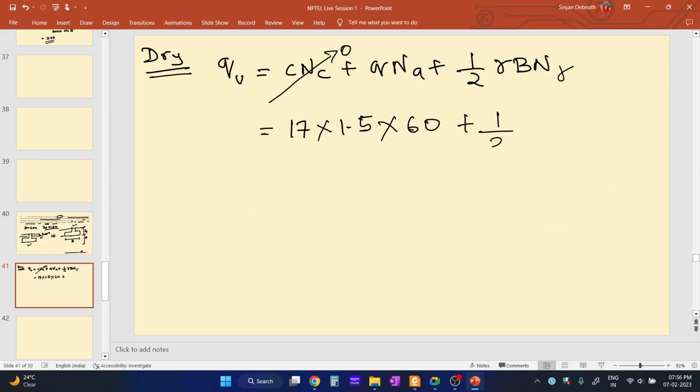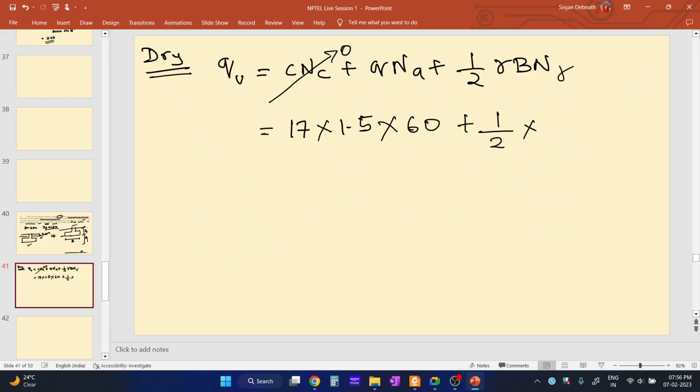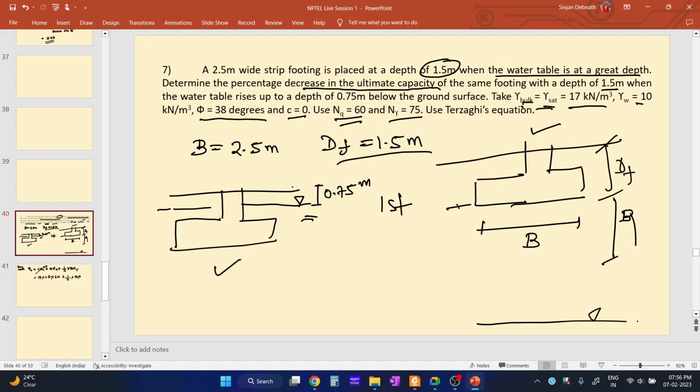Plus half. In this case there is no effect of the water table, so we will use the dry unit weight only. Bulk and saturated are both the same, so we will use bulk because there will be no effect of the water table, since the water table is at a great depth beyond B. So 17 into the breadth of the foundation. What is the breadth of the foundation?